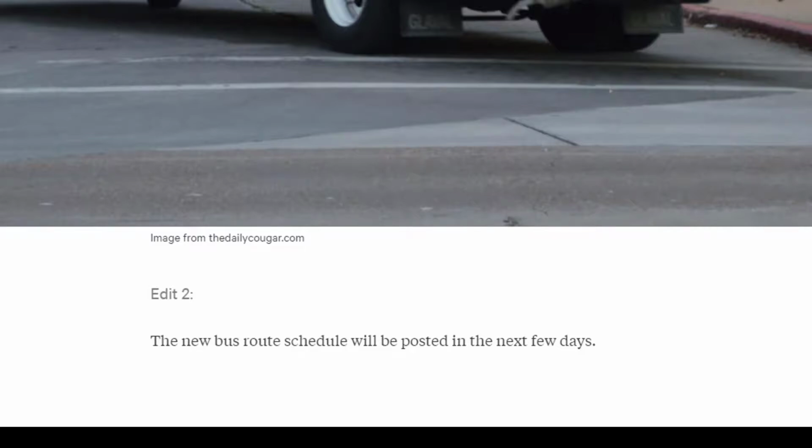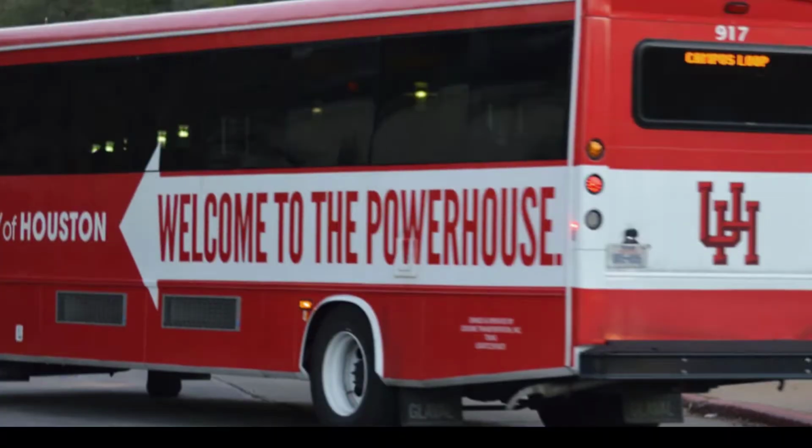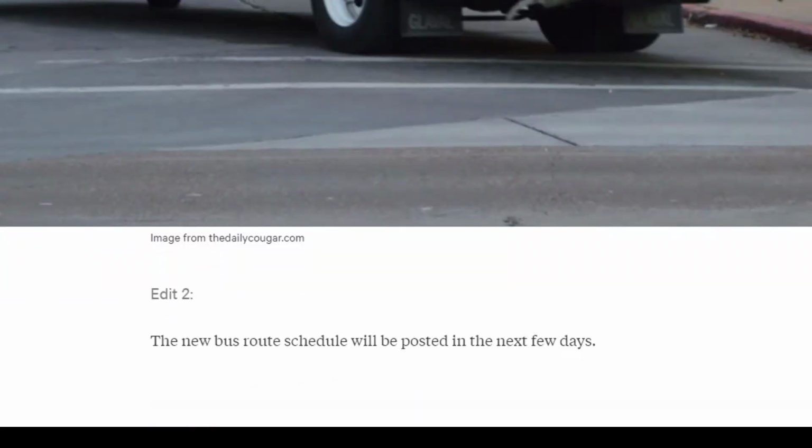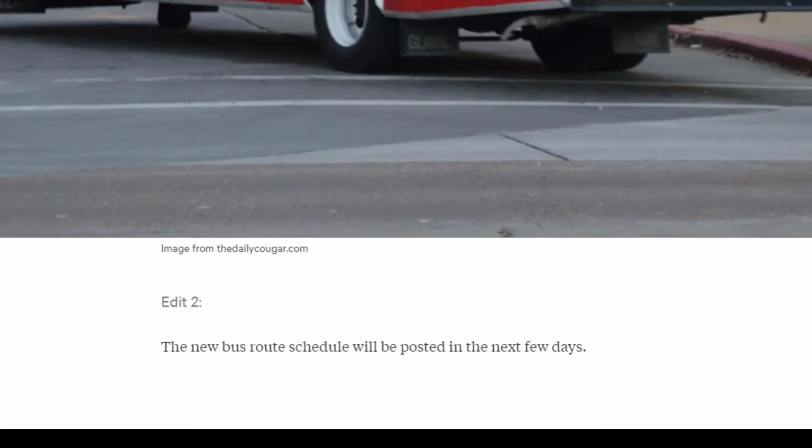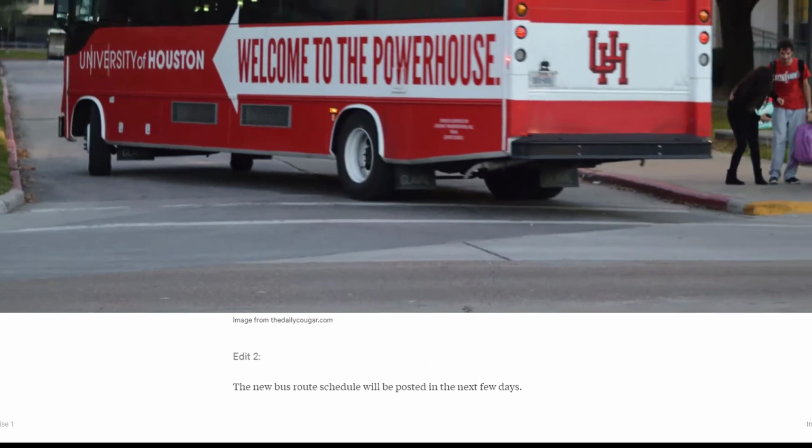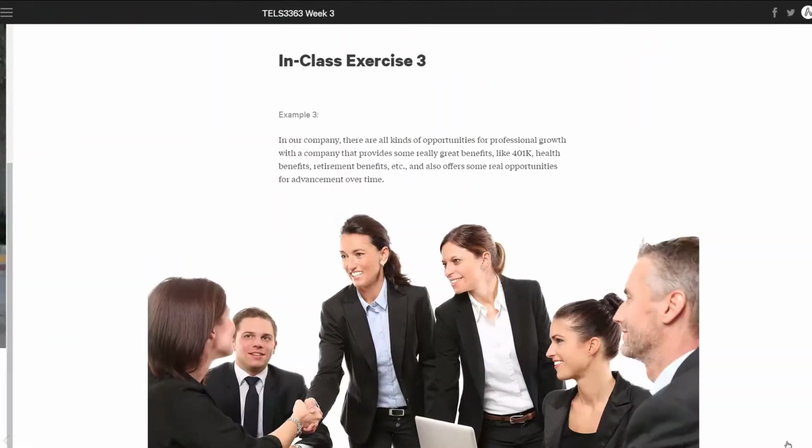And if we want to change that to active voice, that one is pretty clear, but we could go one step further. What would you do to change that to active voice? You could say Cougar Tracks will post the new bus schedule in the next few days. Something along those lines would change it to active voice.